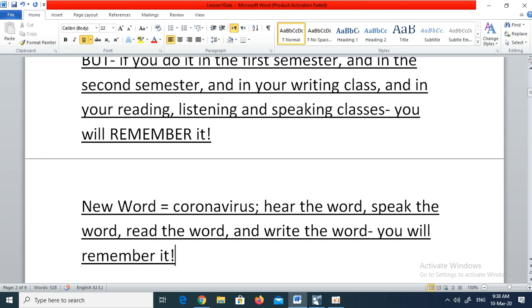The chances are very good that if you hear the word, you speak the word, you read the word, and you write the word, you will remember it. The chances are very good if you only hear it or if you only read it that you are going to forget it.